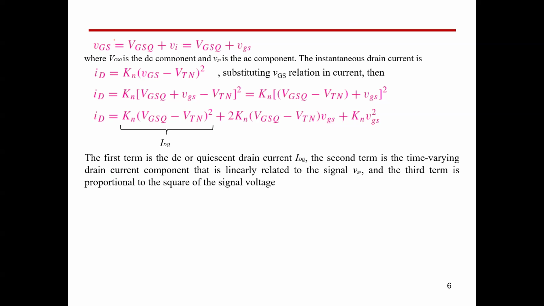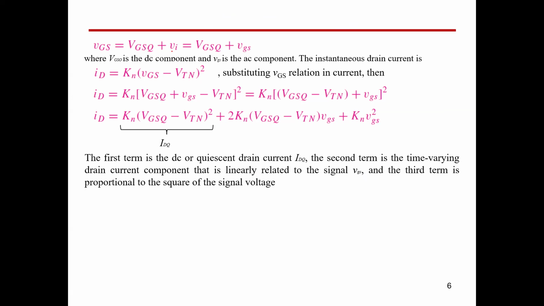Okay, so this means the complete instantaneous curve or value. So vGS instantaneous equals capital V capital GSQ, which means the DC component of VGS, plus little v little gs, which means the AC component of VGS.